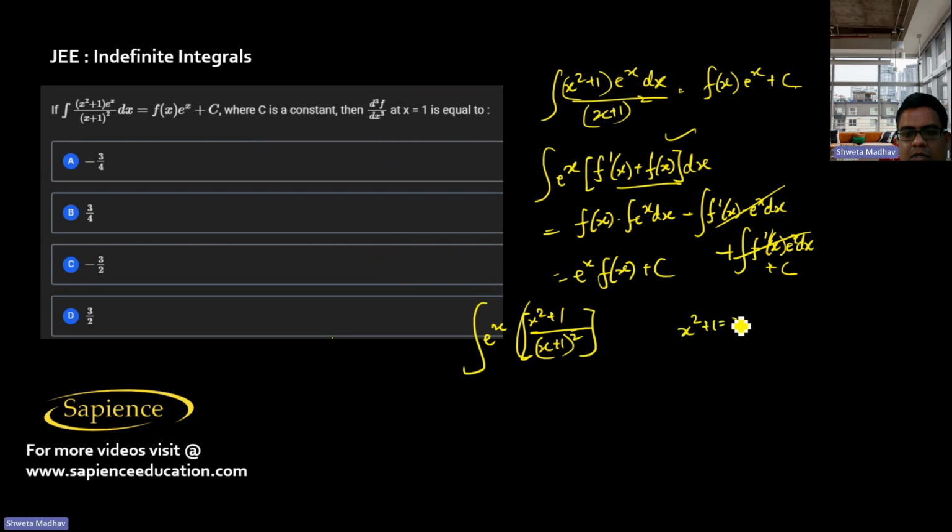So x square plus 1 can be written as (x plus 1) whole square minus 2x, or we can say this is (x minus 1) whole square plus 2x also.